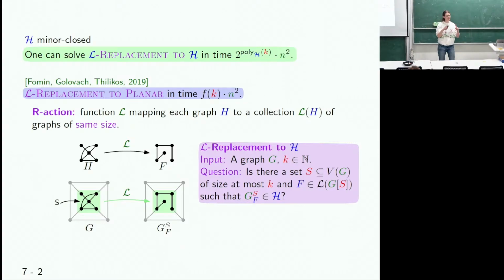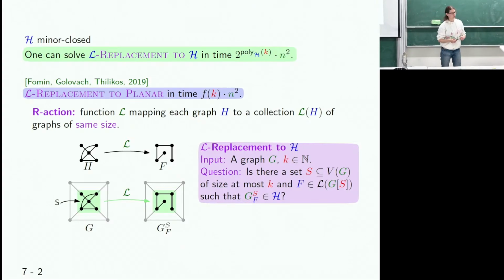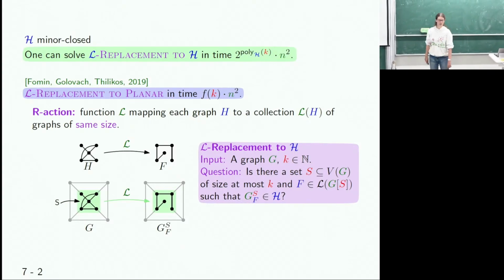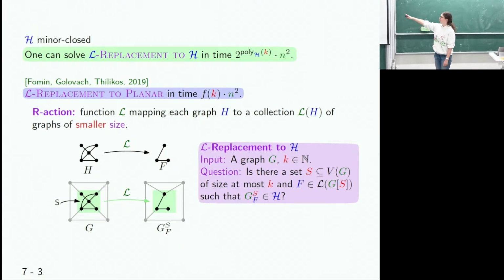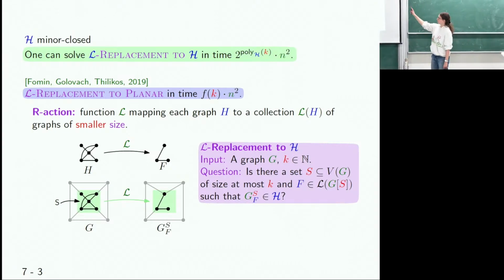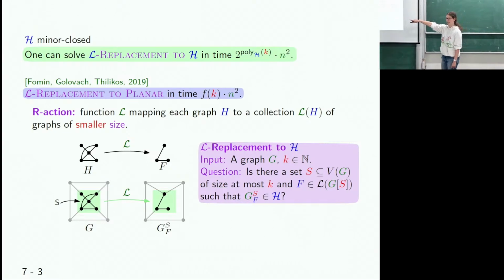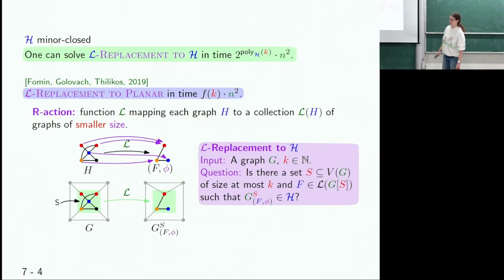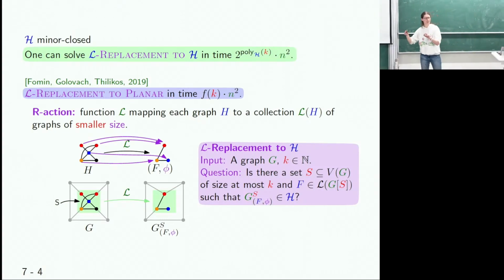So somehow you explain how you add and remove edges, which is not enough, for instance, if we want to do vertex deletion. So now, instead, we can map to a collection of graphs of smaller size. However, it means that we need to know how the graph of H are mapped to the graph of F. So that's why we add some function, here also represented by the colors, that says for each vertex of H where it is mapped.